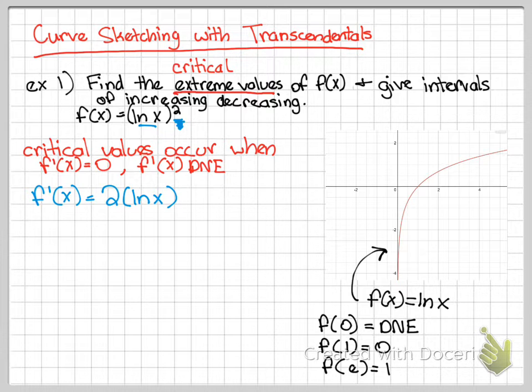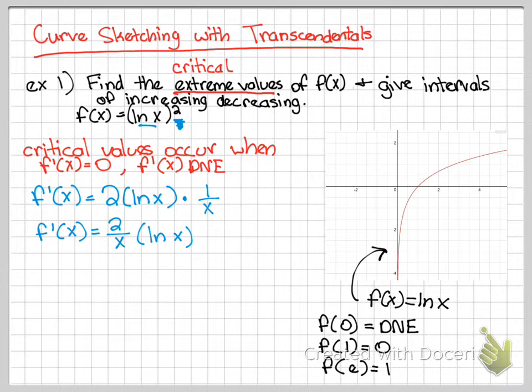And you drop the exponent by 1. So now there's an exponent of 1 on the outside. And then you multiply by the derivative of the inside. The derivative of natural log is 1 over x. If you wanted to clean this up just a little bit, you could, but it doesn't really change much. You can kind of change it to 2 over x times the natural log of x.